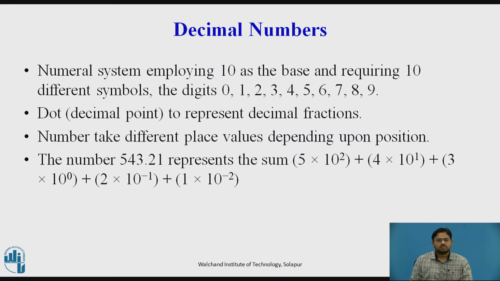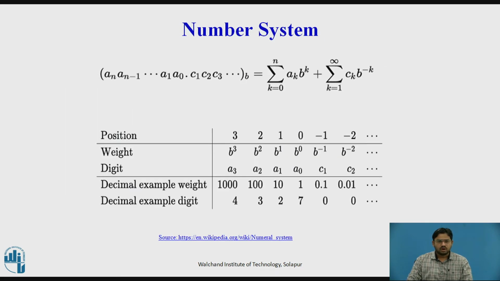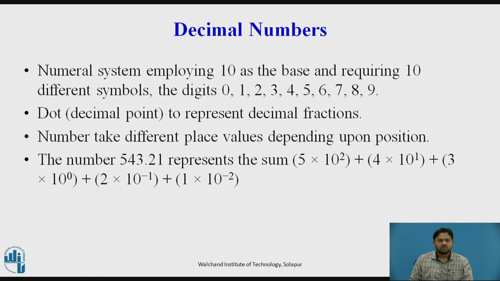From this point of view, b will be 10 for the decimal number system in this equation. The dot in the decimal number system is called a decimal point. To represent the decimal fraction, the fractional part will be after it, and the integer part will be before the decimal point.